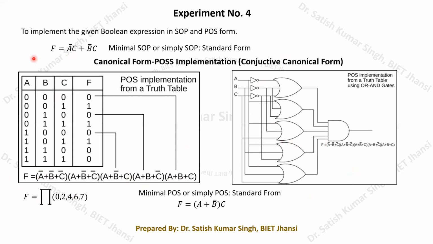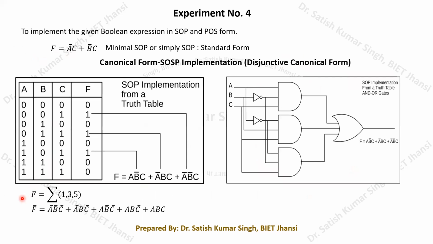For this particular minimized expression, we are going to get these two canonical form representations. One is in the POS format, product of standard sum, and another one is sum of standard product. Both expressions are equivalent, which we can verify by implementing this circuit.